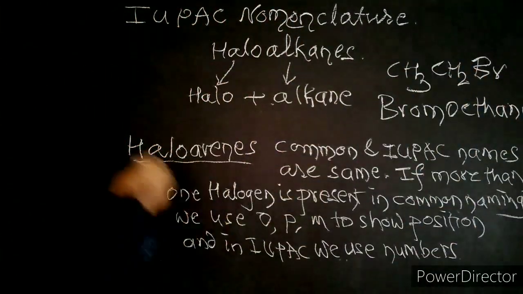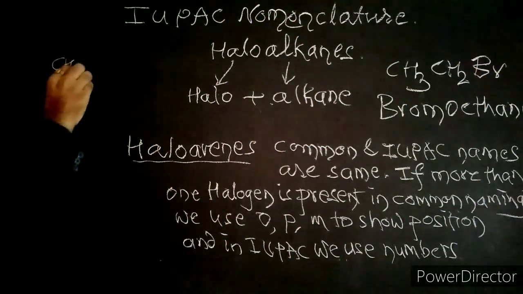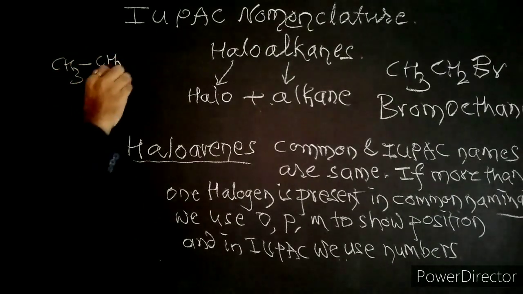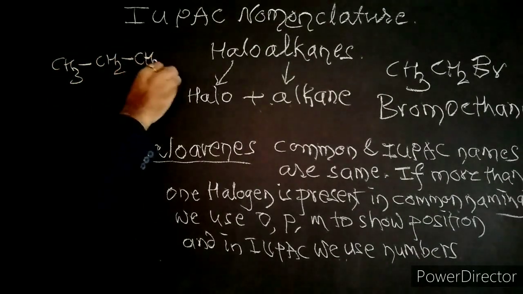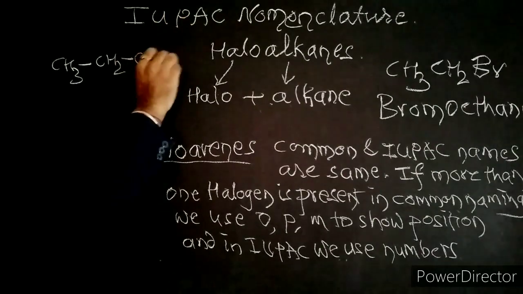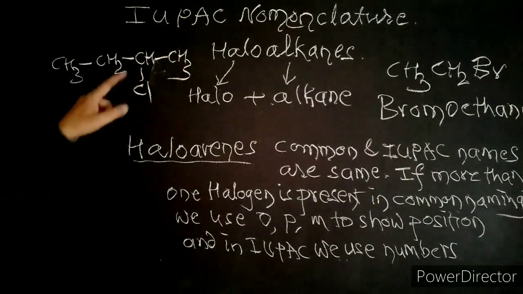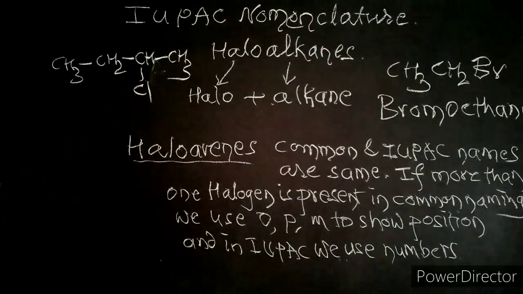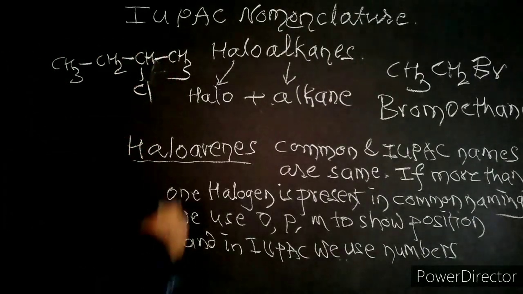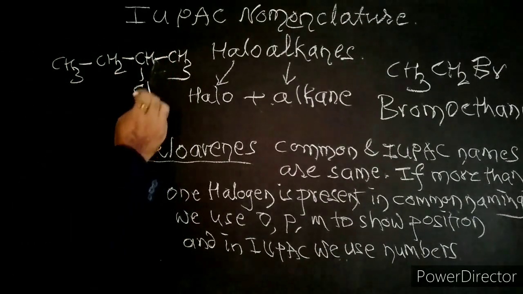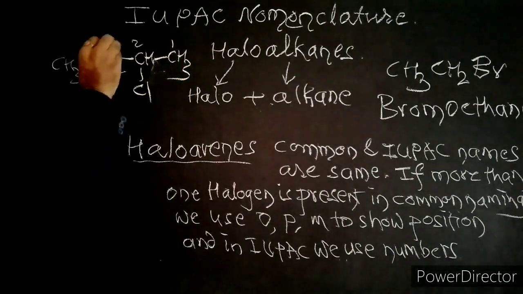One more example I take here. CH3CH2CH2. See, on the second carbon atom, chlorine is present. We have to number this chain from the end nearer to the halogen atom. 1, 2, 3, 4.